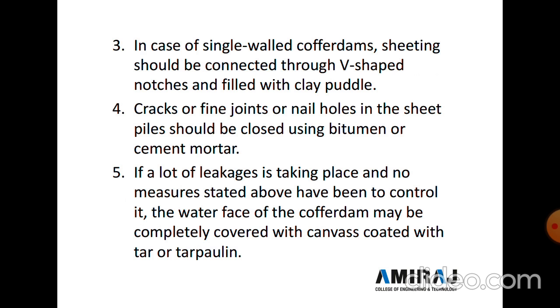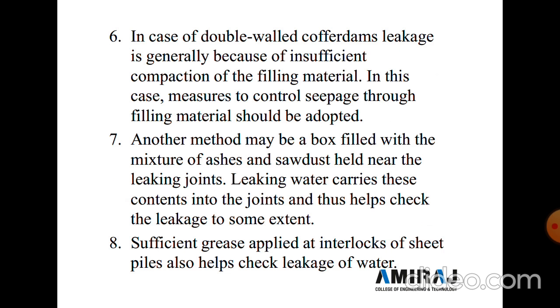Now, the sixth point to prevent leakage: in case of a double walled cofferdam, leakage is generally because of insufficient compaction of the filling material. In this case, measures to control the seepage through the filling material should be adopted.